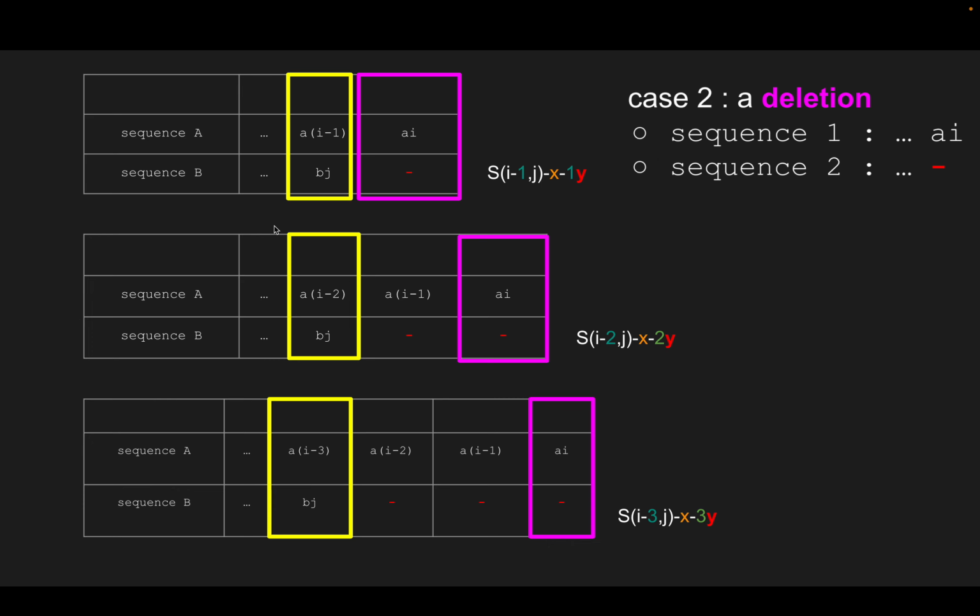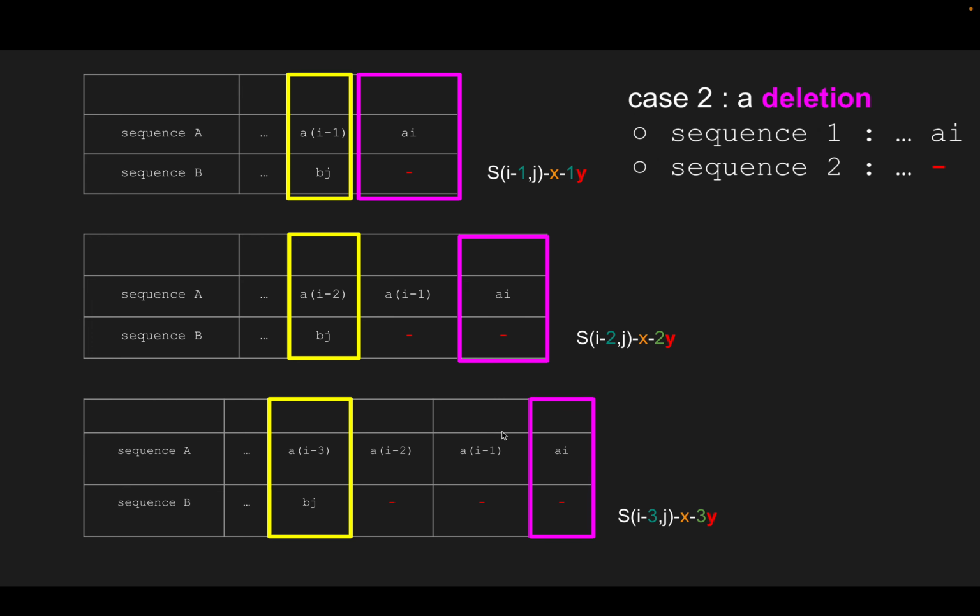But there are a lot of cases here. Ai cannot match with Bj because it has to match with a gap symbol, but you can decide how many more characters you want to insert in between i and j.